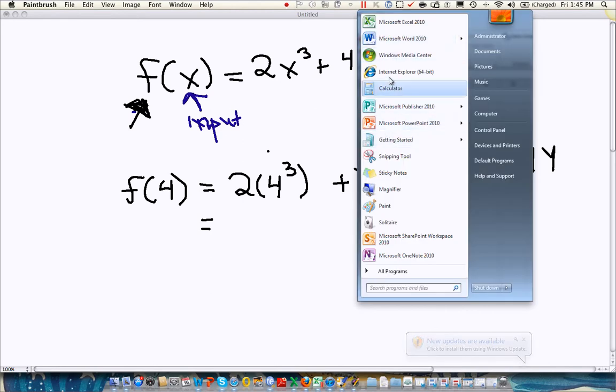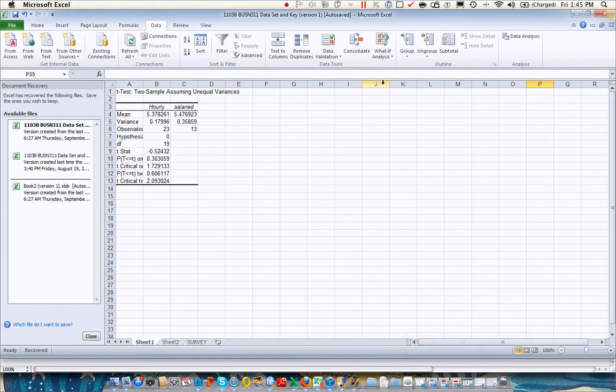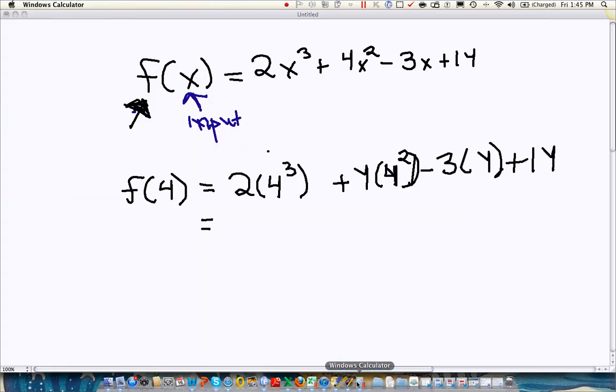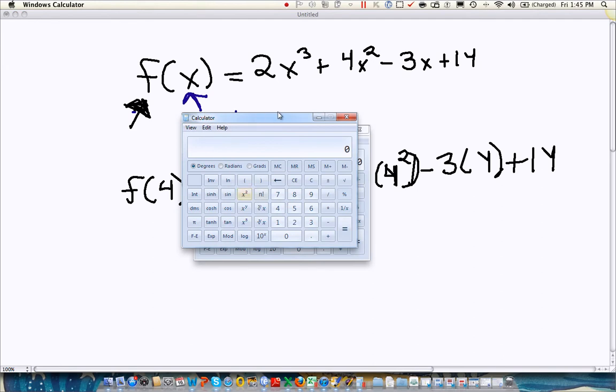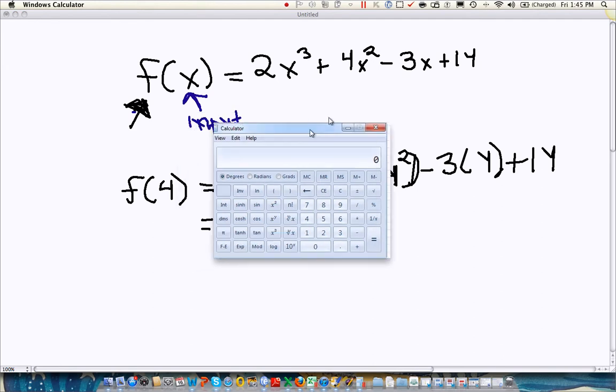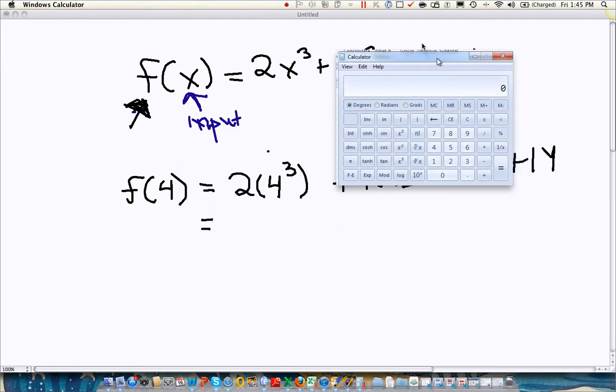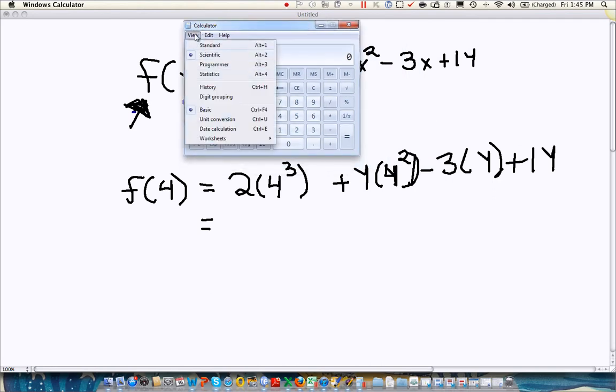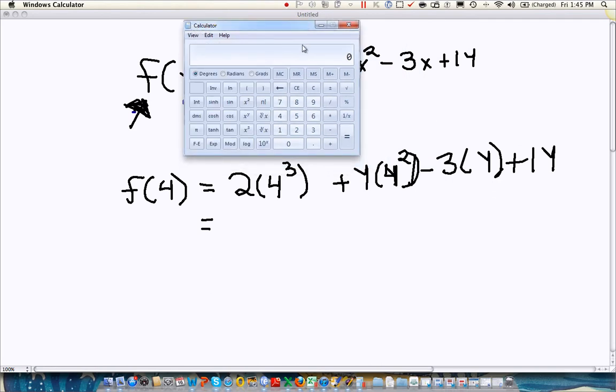And let's take a look at how we might use the calculator to do this. Okay, there we go. Okay, so what I'm going to do first is make sure my calculator's in scientific view. Up on the top, I'm going to put it in scientific view.